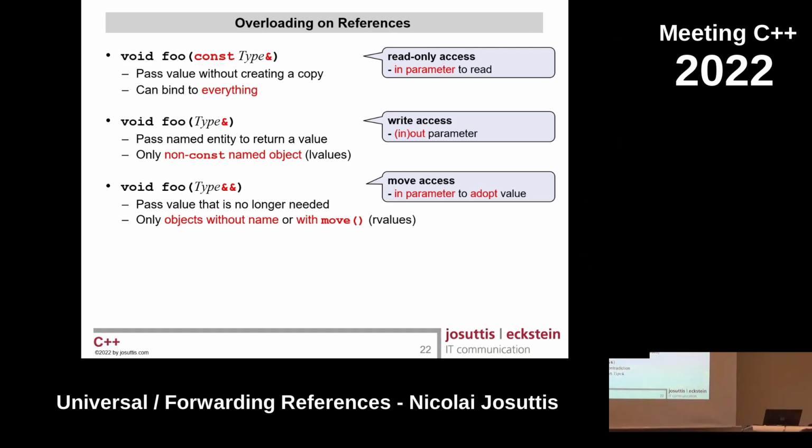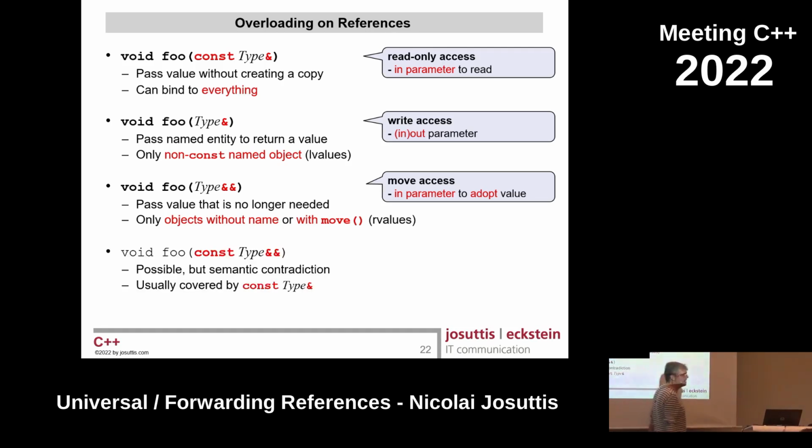There's a fourth category, I don't know if you know that. You can declare a function taking a const R value reference. You can do that, that's allowed. It's a semantic contradiction. Because you say, well, I no longer need the value, but you are not allowed to do anything with my value. Okay. There are easier ways to implement that. That's the first function.